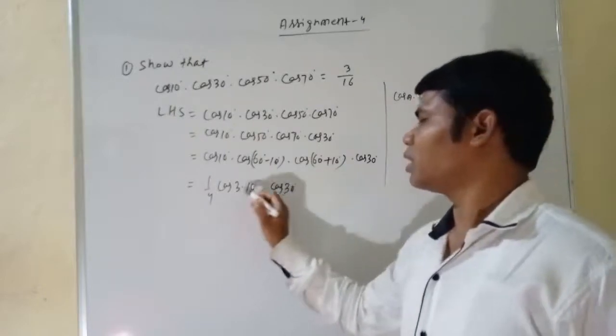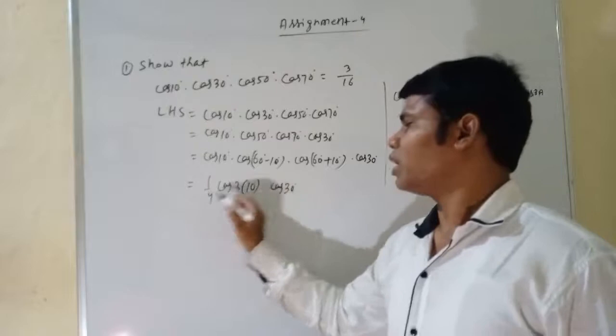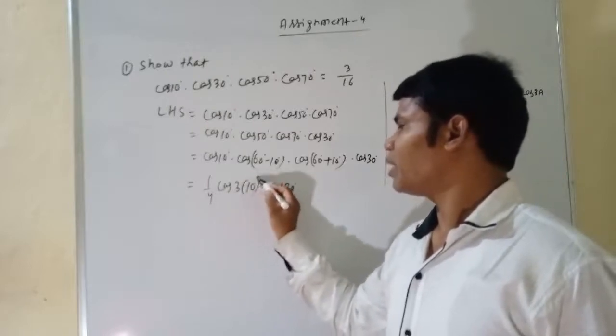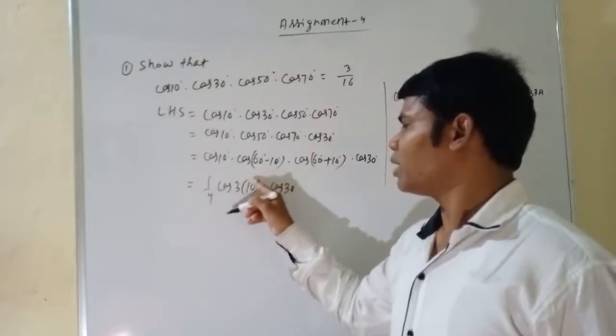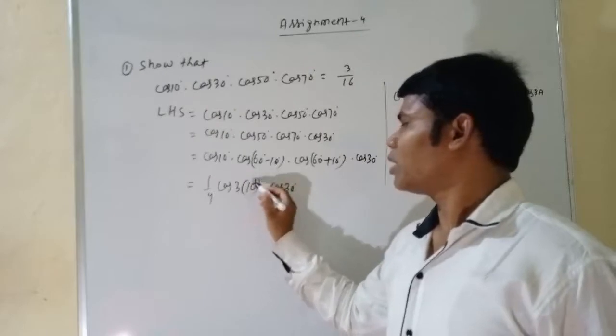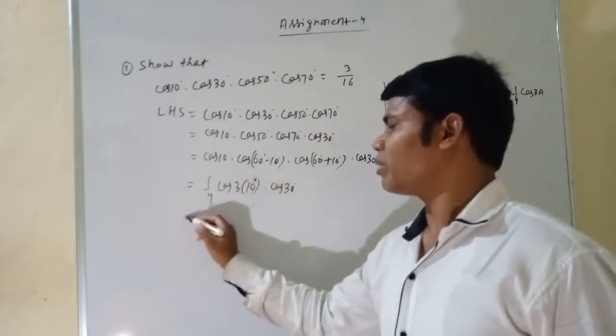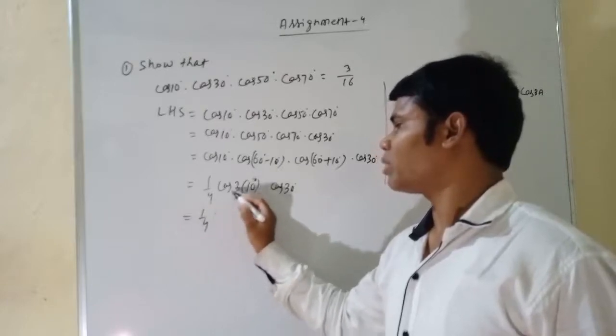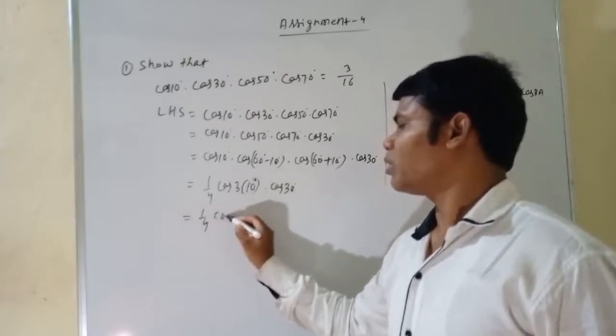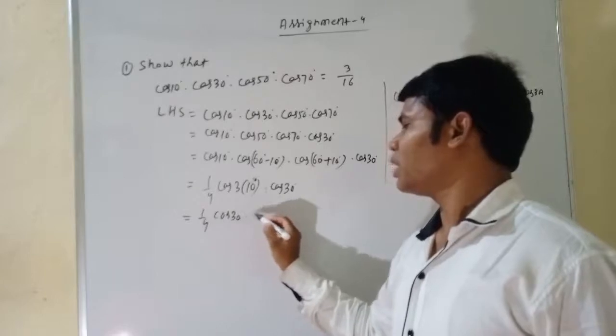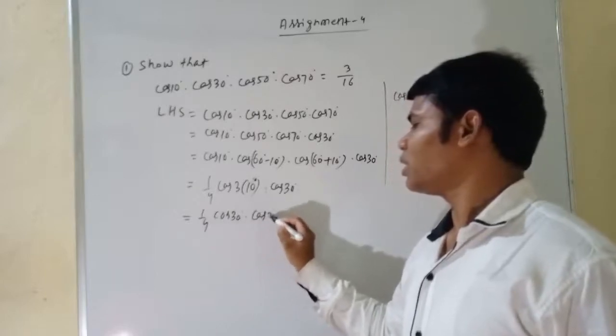Into cos 30 degree. That means this is 1 by 4 cos 3 into 10, that is cos 30 degree, into cos 30 degree.